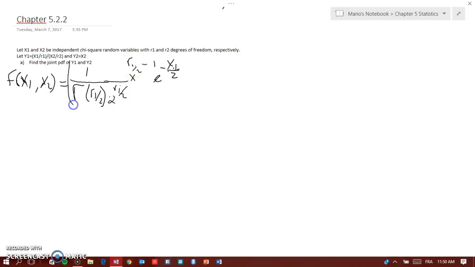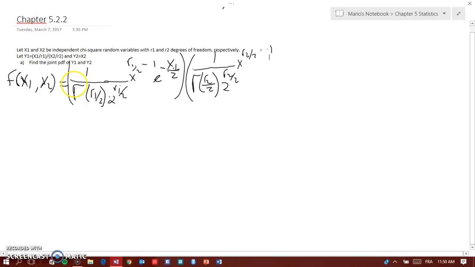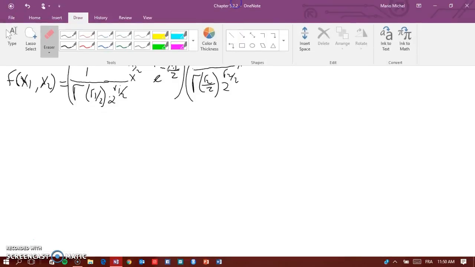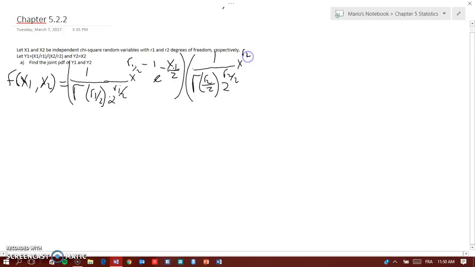This is for x1, now times x2, that's going to be 1 over gamma R2 over 2 times 2 to the R2 over 2 times x to the R2 over 2 minus 1 times e to the negative x2 over 2.